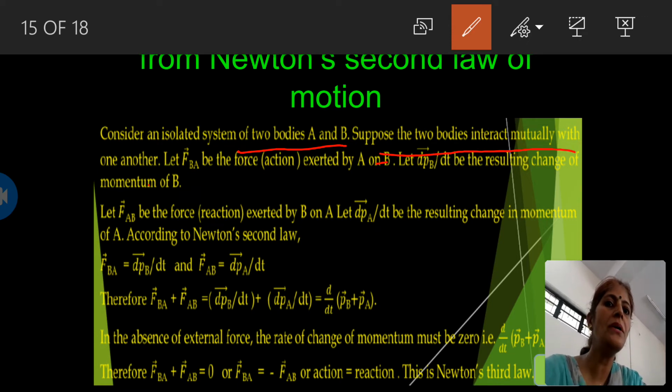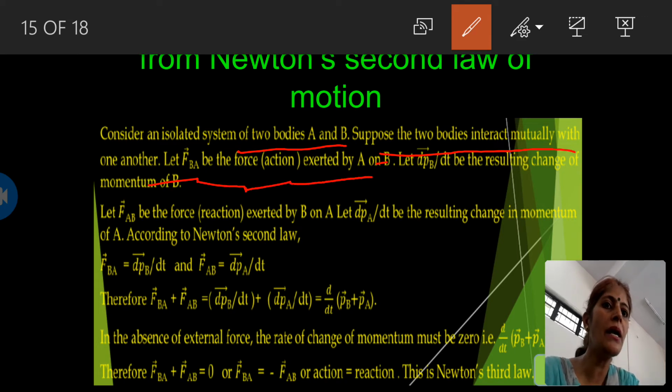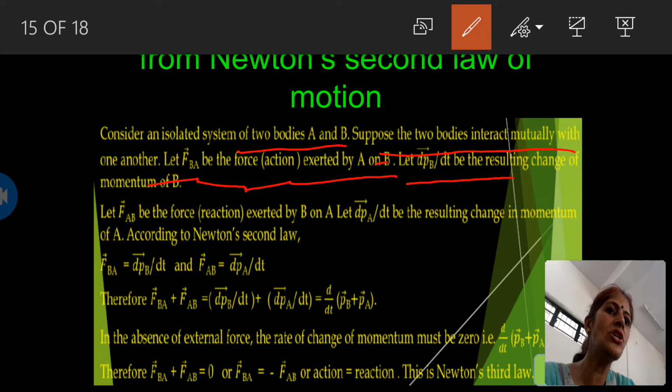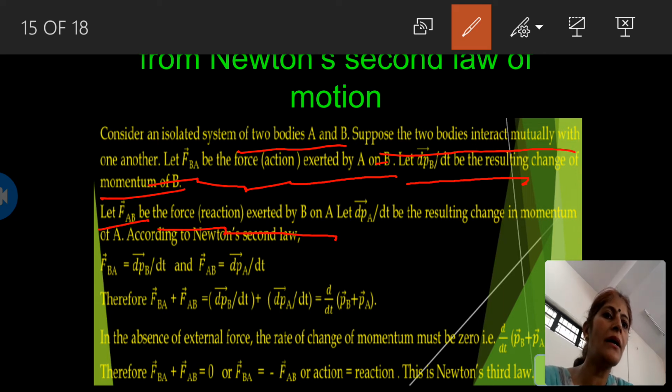Let F vector be the force of action exerted by A on B. Let dPb vector by dt be the resulting change in momentum of the body B. Similarly, FAB vector be the force of reaction exerted by body B on A. Let dPa vector by dt be the resulting change in momentum of the body A.